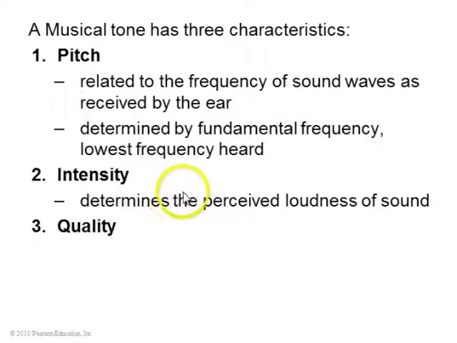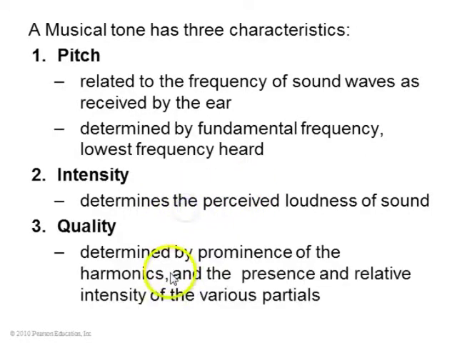Intensity determines the loudness of the sound, or the amplitude. And quality is determined by the presence of harmonics, or different frequencies all combining to produce the same sound. These are called partials. The relative intensity of all the various partials gives us the quality of the tone.